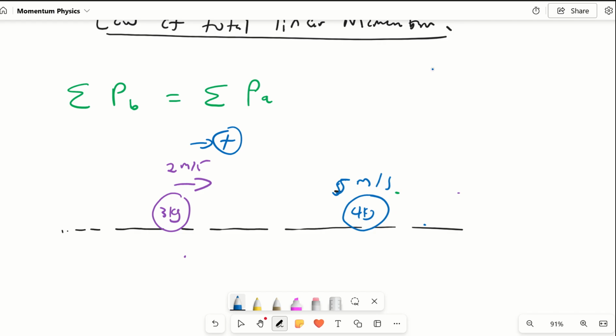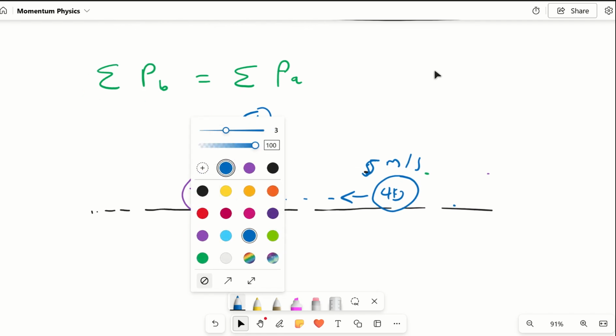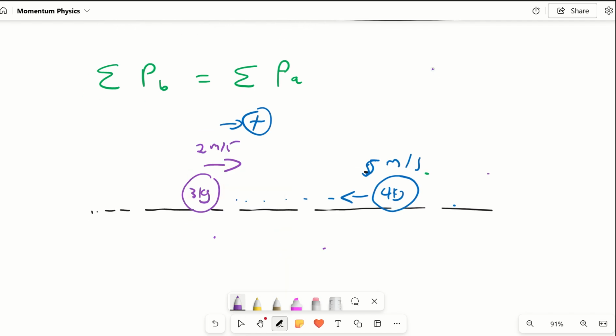Now, these two in the opposite direction meet and they hit each other, such that this pink purple one changes direction. It is still the same mass, but it moves at maybe minus 1 meter per second in the opposite direction after they hit each other.